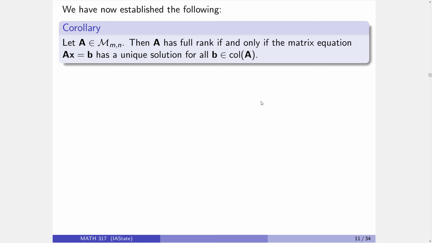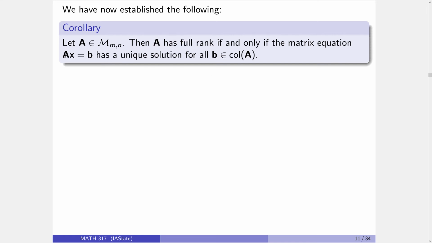Trying to actually solve Ax equals b. Our goal, our hope, is that Ax equals b happens precisely when you have a unique solution. Okay. And now we see that the only way that could have ever happened is if the matrix was in fact of full rank. Right.